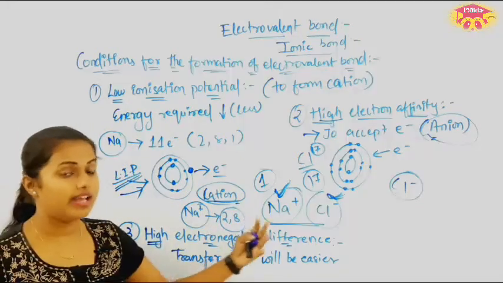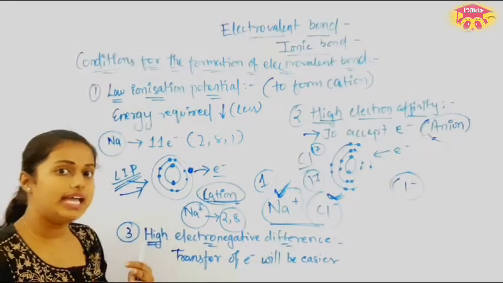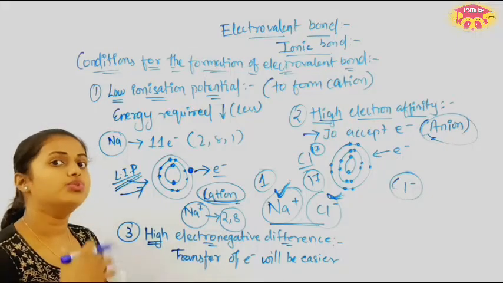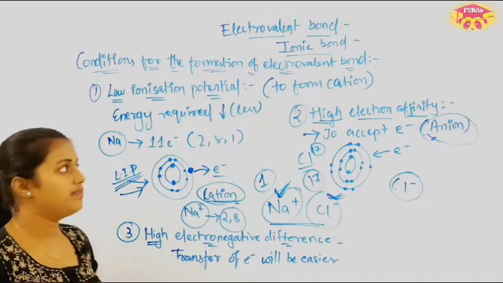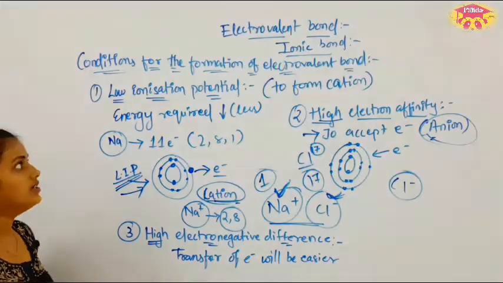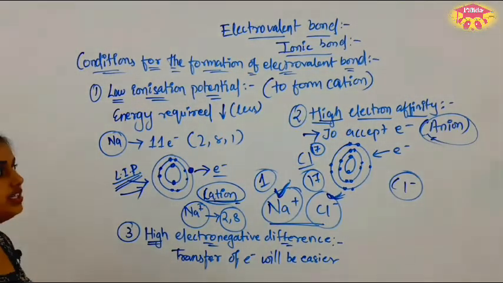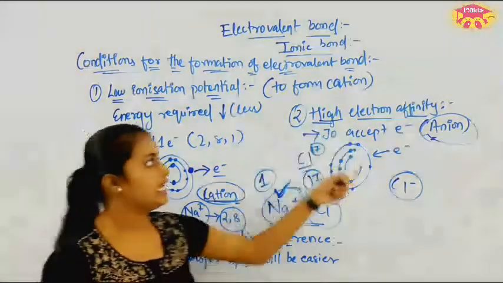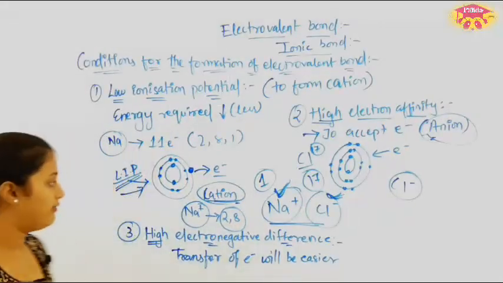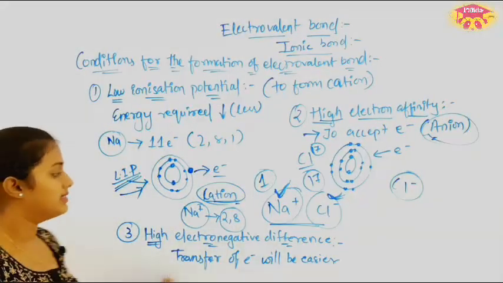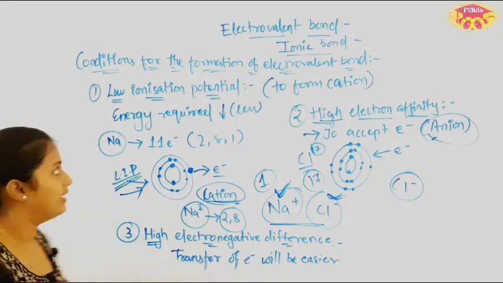When they have a large electronegativity difference, then it is easier for the atoms to transfer electrons. So what are the three conditions, students? It must have low ionization potential. Secondly, it must have high electron affinity, and third, it must have a high electronegativity difference.